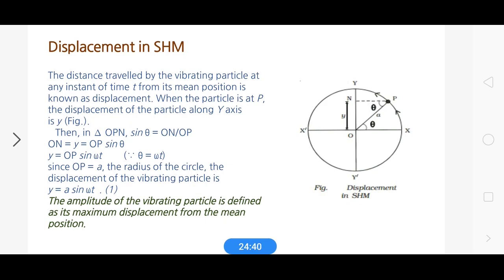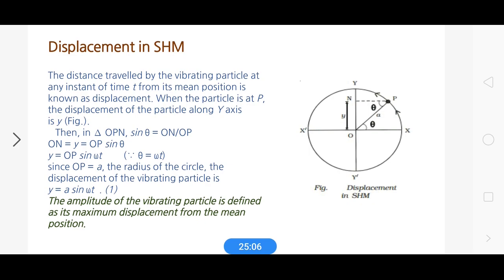We know that ON is the displacement from the mean position, that is y, and OP is the radius of the reference circle, that is A. So sine theta is equal to ON by OP. ON is equal to y, OP is equal to A. So ON is equal to OP sine theta.